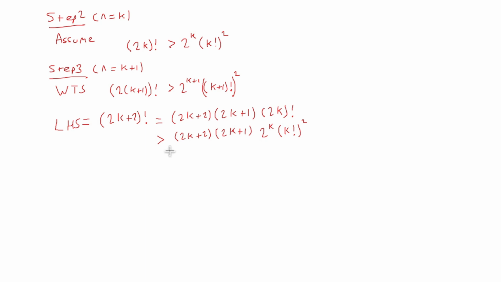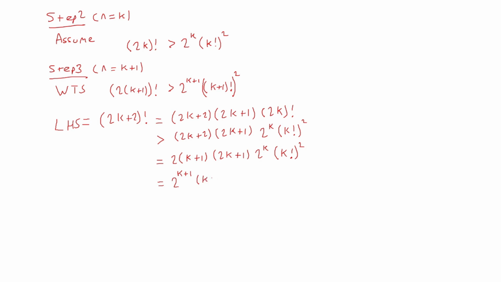Okay, what can we do now? Well, I'm now going to use a little bit of equality. I'm actually going to factorize out a 2 from this one. This is 2k plus 1. This is 2k plus 1. And then these bits are still the same. Now, the 2 times the 2 to the k is going to give me the 2 to the k plus 1, which is what I want in my final answer, so that's good.